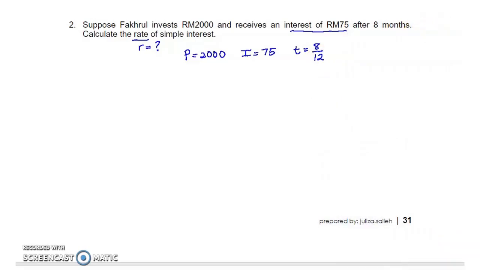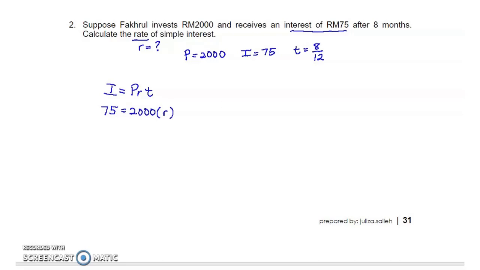Now let's calculate the rate of interest. Since we have value I, we use the simple interest formula. I equals PRT. We know the interest earned is 75 ringgit, the principal is 2,000.